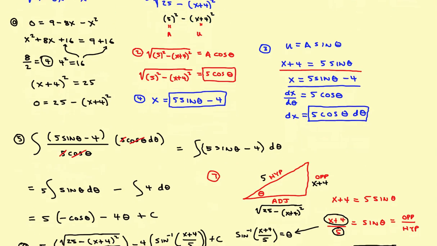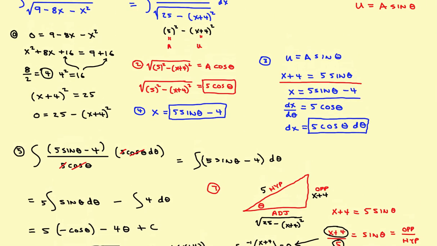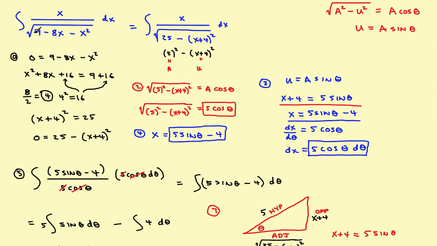So in this problem, we'll move it down to here. Now, first of all, the 5s would cancel out here, so that would leave you with a negative of, then you'd have the square root. Now, you can leave it like this, or if you want to, you can go ahead and change it back into the original, which was 9 minus 8x minus x squared. I think we'll go ahead and do that.